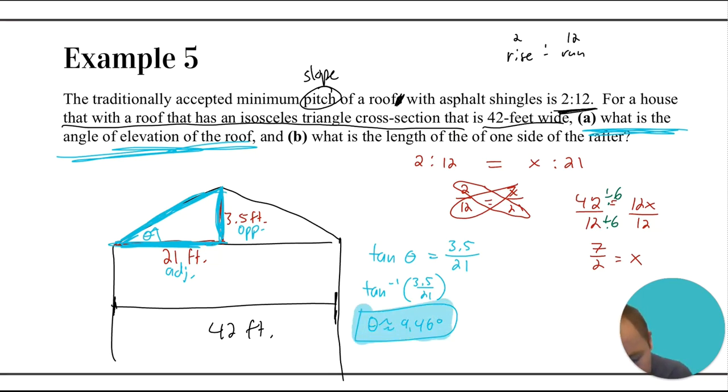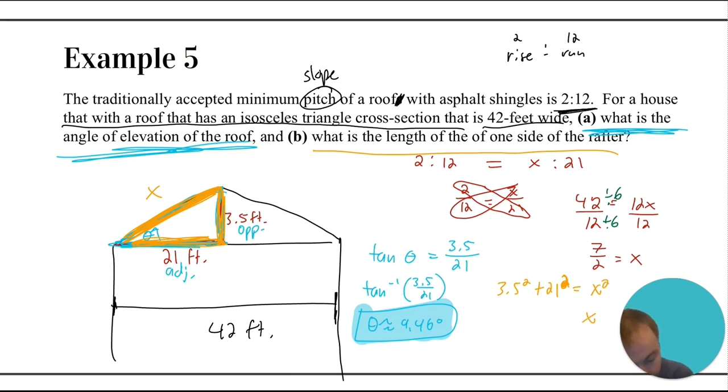And then the other question that is asked of us is to figure out what is the length of one side of the rafter. So we're looking for the length of this side right there. Since you know that this leg right here is 3.5 and this leg right here is 21, you could just use the Pythagorean theorem for that. So 3.5 squared plus 21 squared should be equal to x squared.